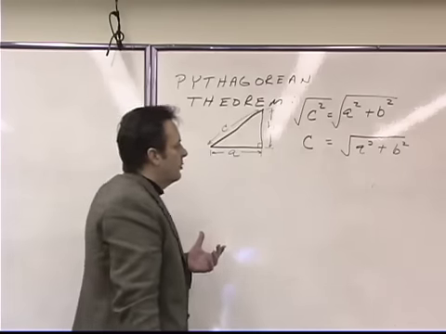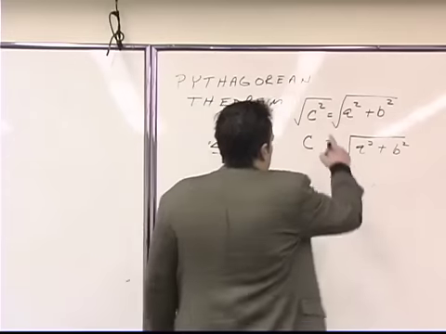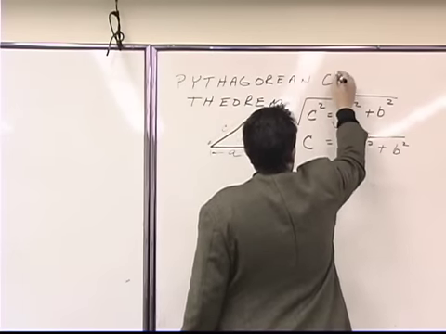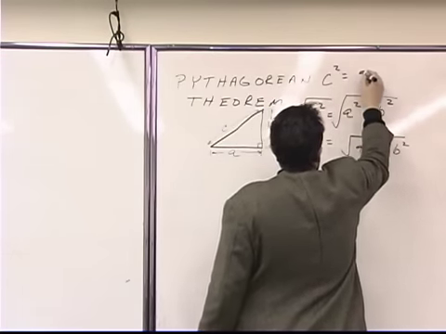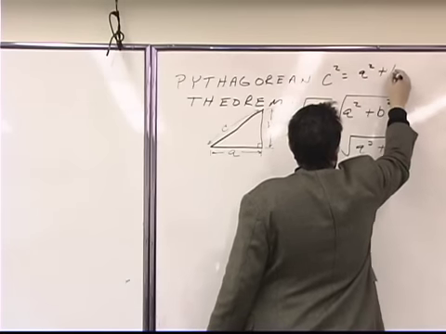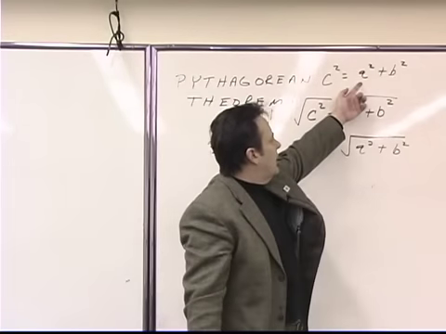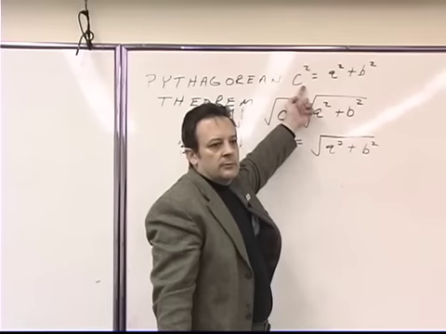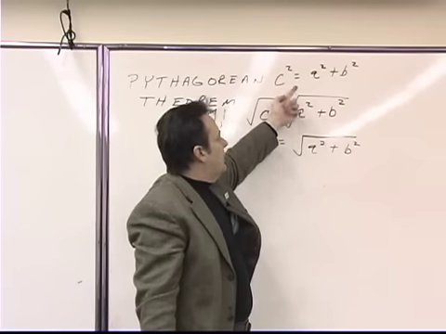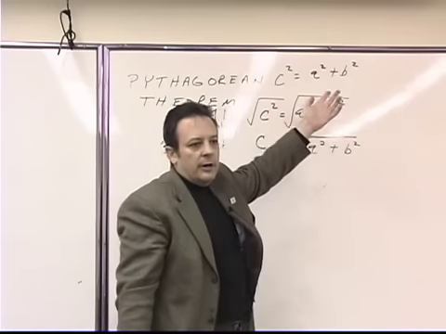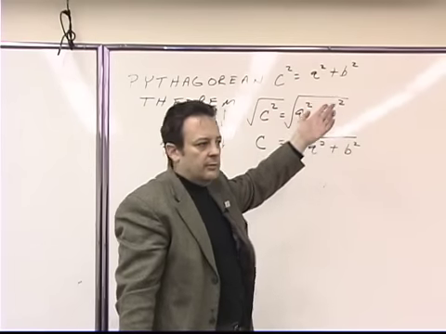Okay? And then in a similar fashion, we could solve that formula for any one of the variables that we wanted. In other words, if we redraw this original formula again, C squared equals A squared plus B squared, then we could just use simple algebra to isolate the A. Okay? And if we did that, then we would get that A squared is equal to C squared minus B squared. Okay?